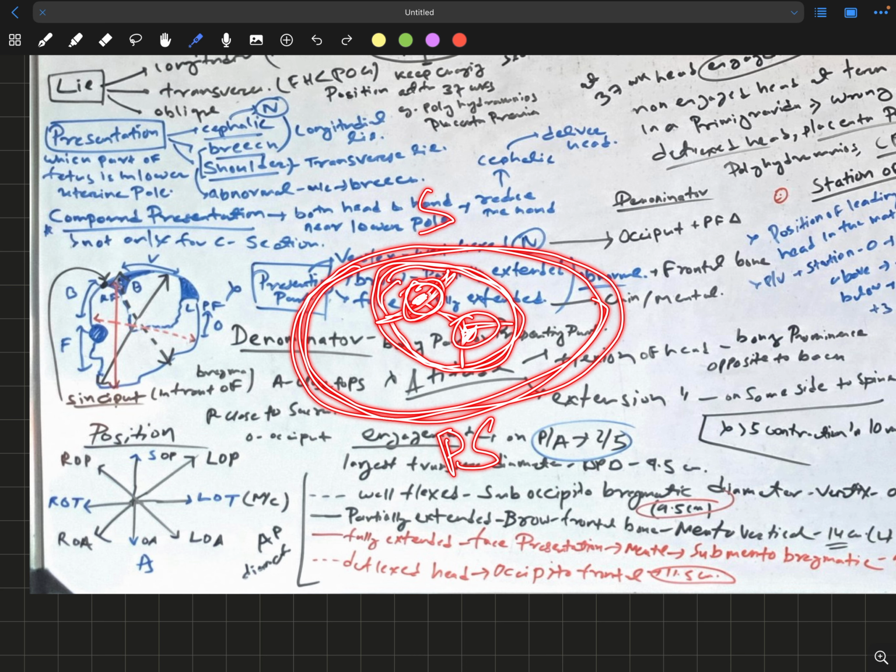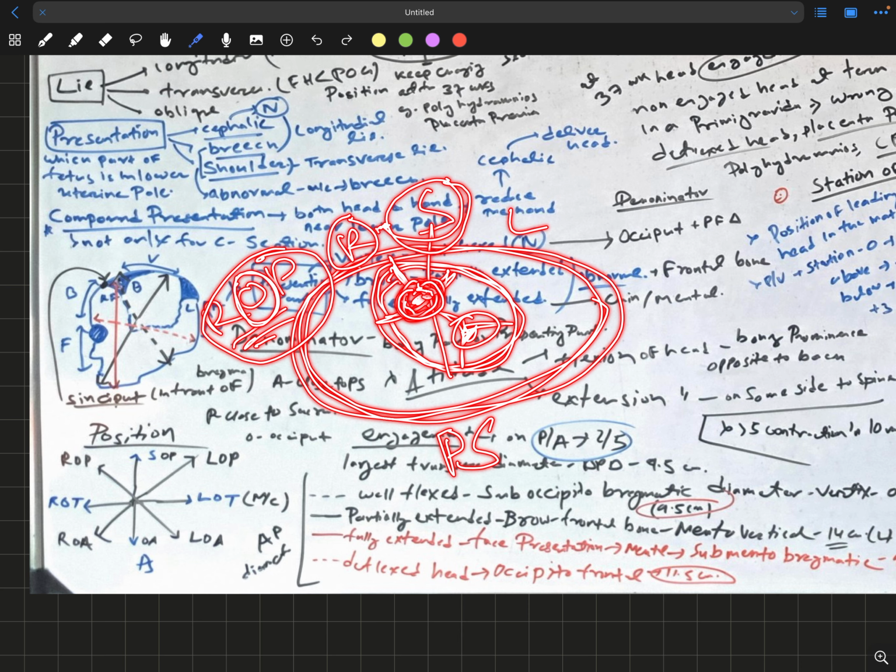With respect to the posterior fontanelle, we will calculate the position. This is the right side, this is the left side; mother's right is our left. So this is the occiput, and it is posterior because it is near the sacrum bone, and on the right side. So right occipito posterior. This is the position.